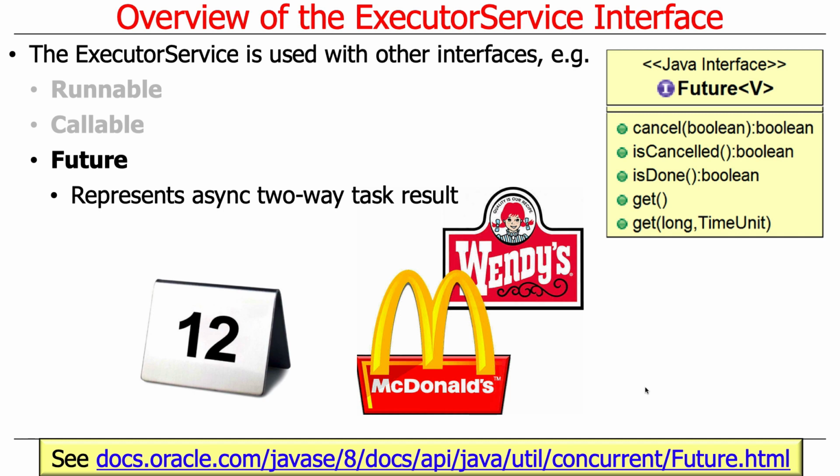Now, you've probably all experienced futures in everyday life. If you ever go to a restaurant that cooks your food to order, like, say, a Wendy's, when you go to the counter and order the food, you don't just stand there waiting for them to cook it, because that would slow things down. They wouldn't be able to get as many people through the restaurant.